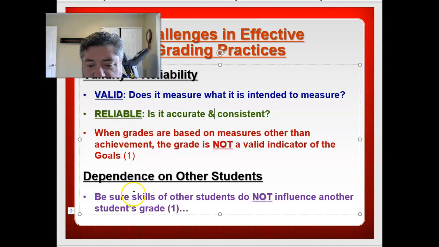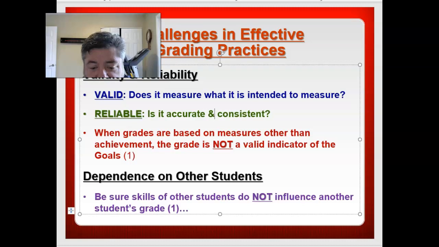All right, so be sure the skills, abilities, and effort of other students do not influence the specific student you're grading's grade. So what does this mean? If you're looking to see how well somebody spikes in volleyball, if the teammates that are on the front row with them are not very good bumpers or passers, it's really hard to determine if that person has the skills to spike in a game setting if they never get a very good set.